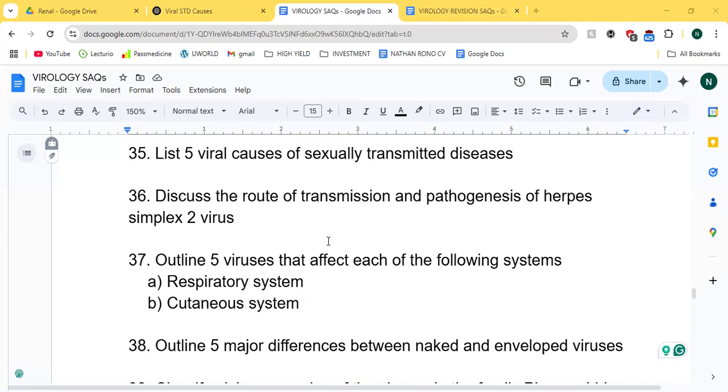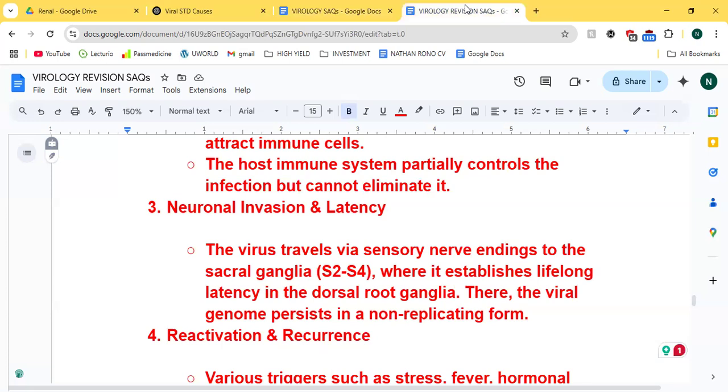Cutaneous. Herpes, so it's HSV1, HSV2, HSV3, HPV. Pox virus, good. So we have monkeypox, smallpox, molluscum contagiosum, good. HPV, very good. These ones you should be singing.